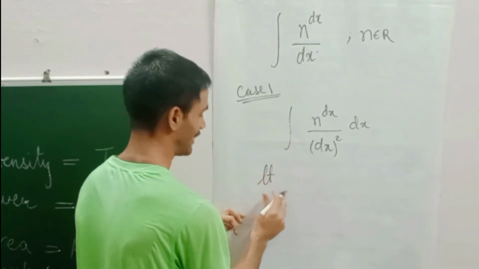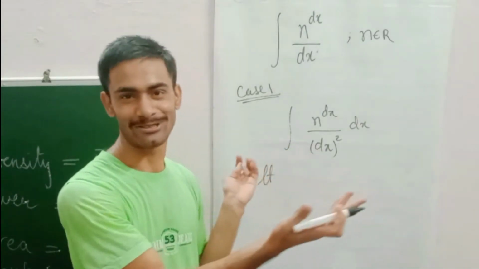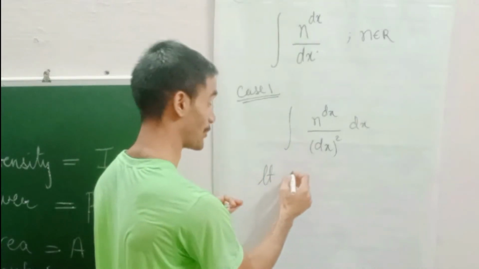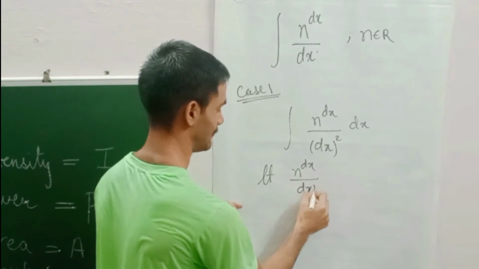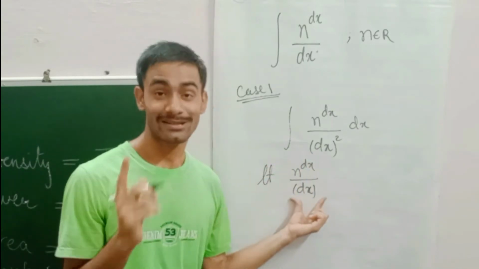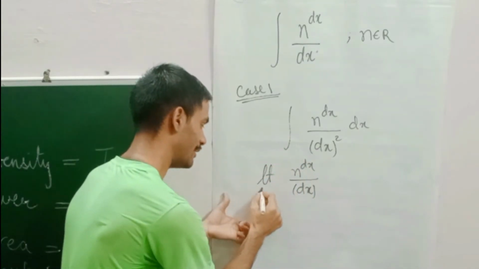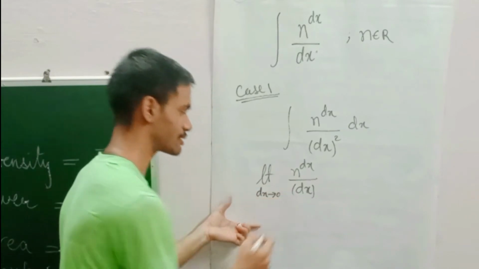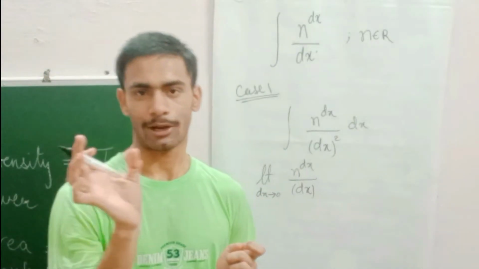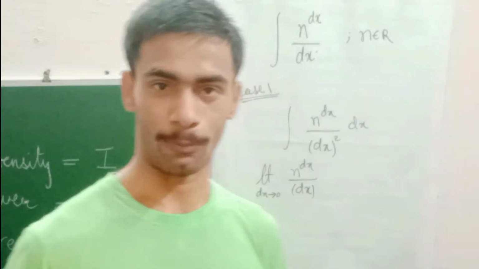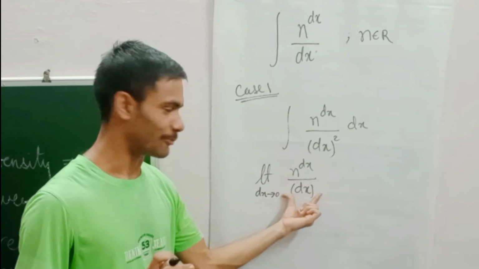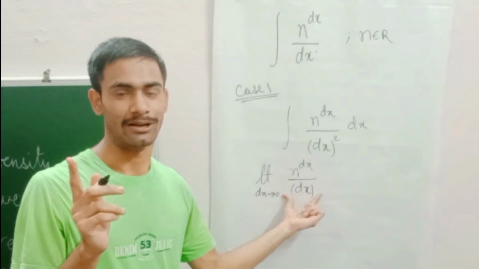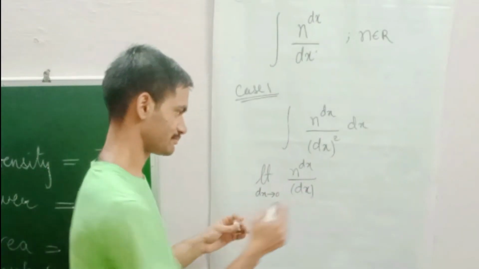Limit of n to the power of dx upon dx when something approaches 0. First thing you may do is, when dx approaches 0, the small element along the x-axis is approaching 0. So something power 0 upon 0, where n is a positive number, what you may do?